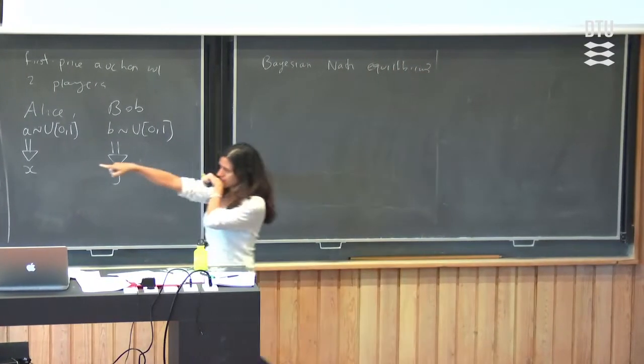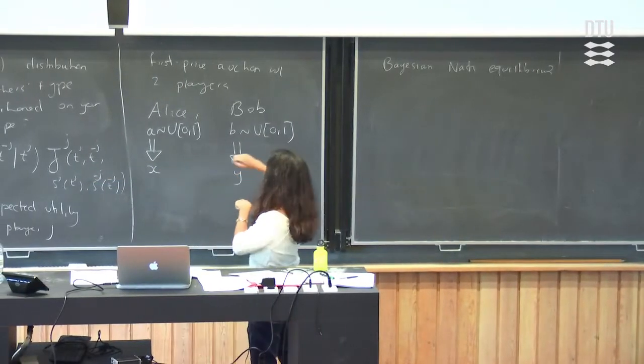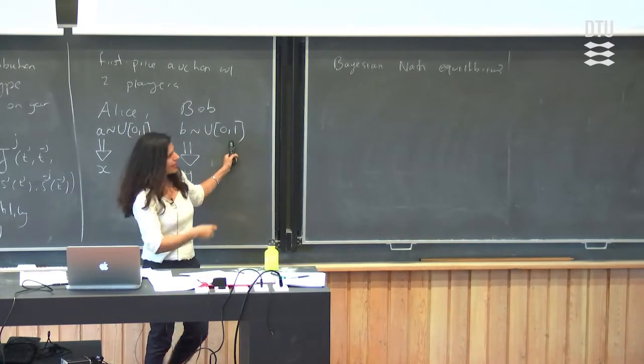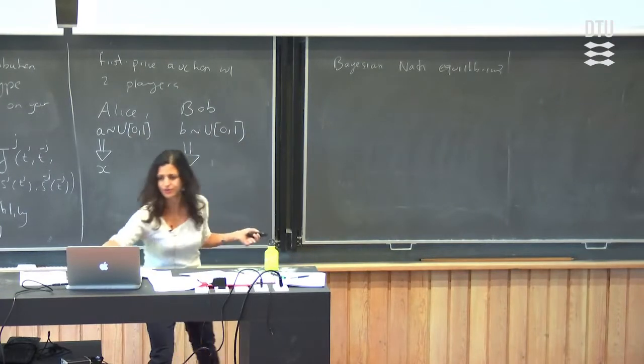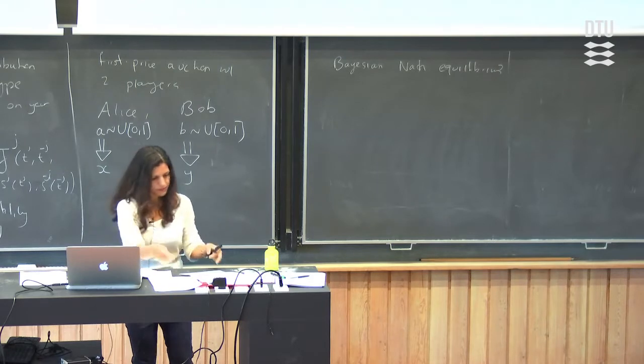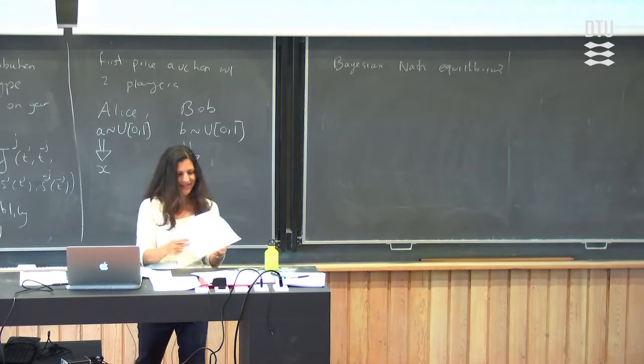In the previous case we knew the Nash equilibrium, but it required full information on the types of the other players. Here we just say we don't know them, but they are random variables, and you can compute the Bayesian Nash equilibrium. The full analysis is in your notes, so you can go through it.